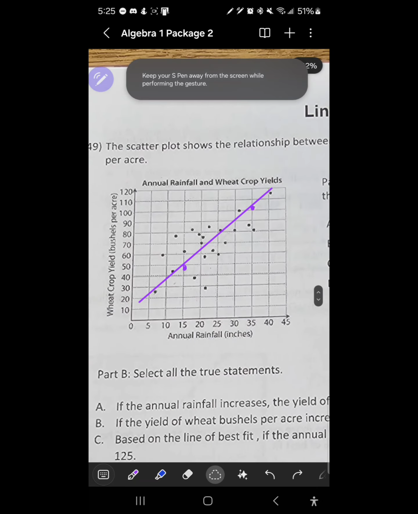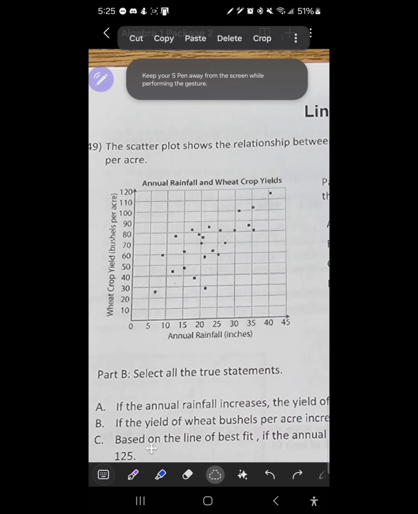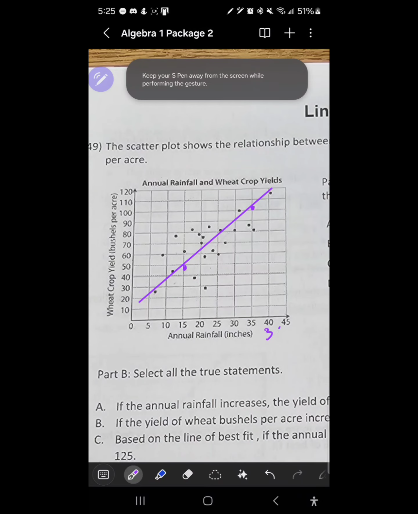So I will choose those 2 points, and I'm going to calculate the slope. The points are 35, 102 and 15, 47.